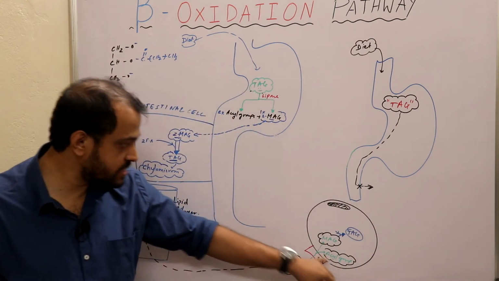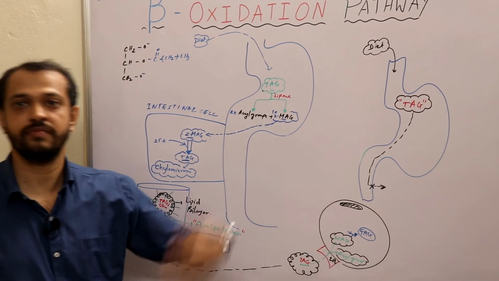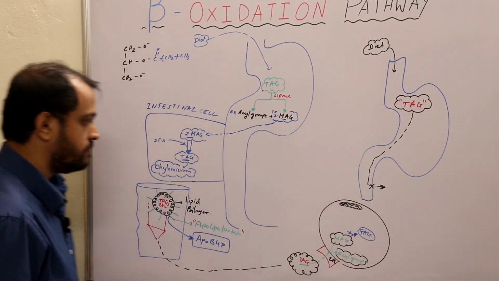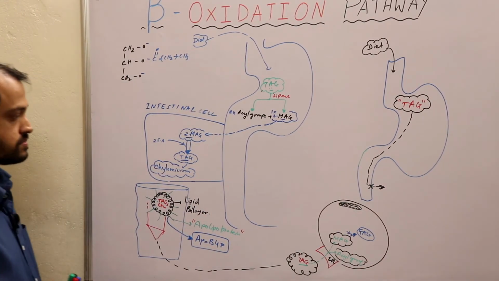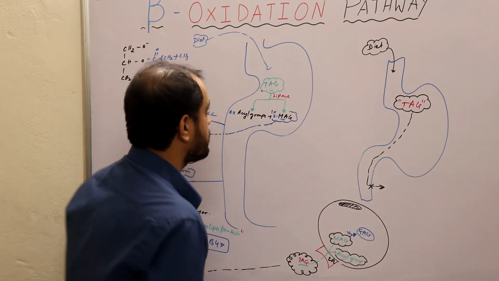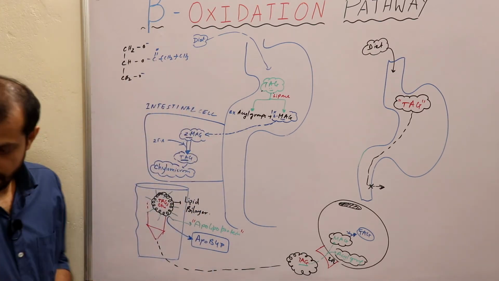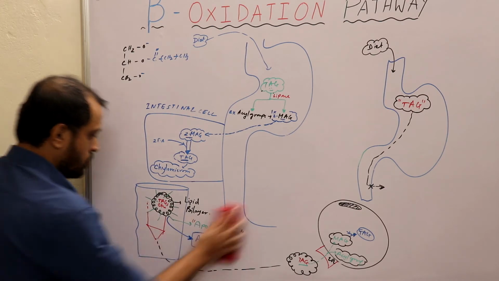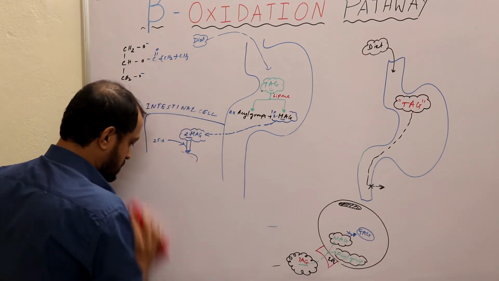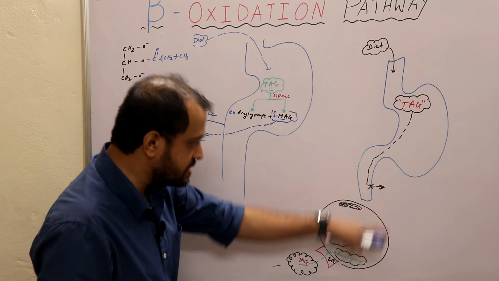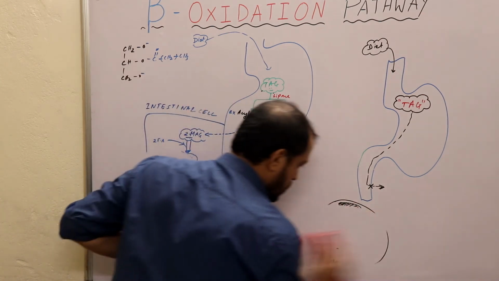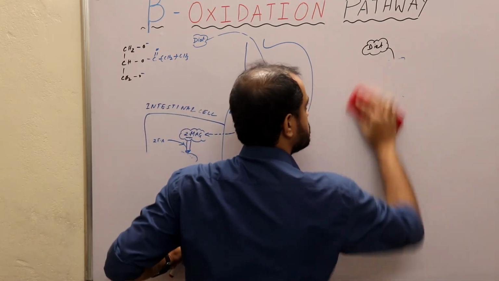These acyl groups are used for the production of ATP. We have already finished how these acyl groups reach the cell. Now we will talk about beta oxidation proper.